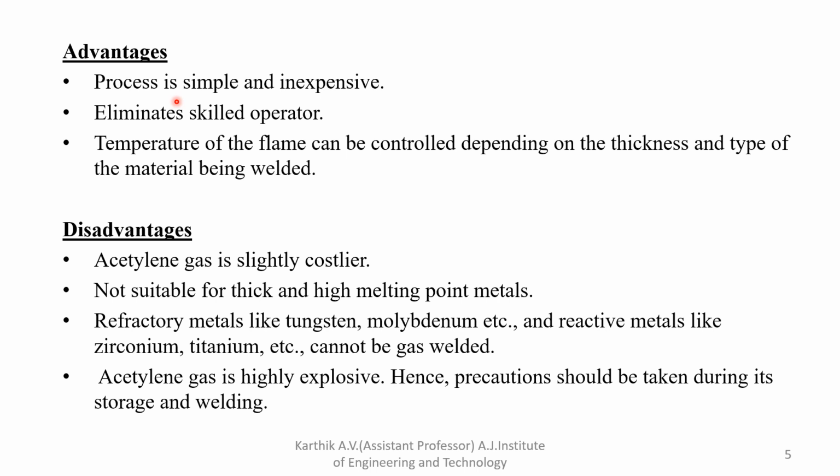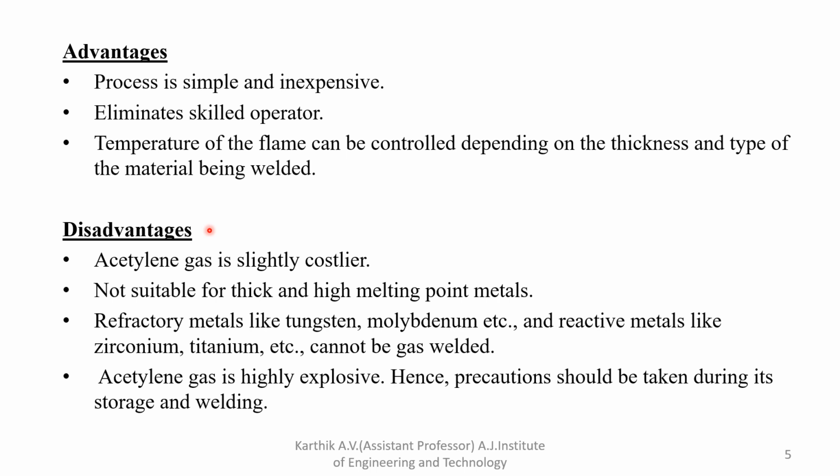Okay, and the next one is disadvantages. What are the disadvantages? Acetylene gas is slightly costlier compared to oxygen. So acetylene gas is slightly costlier. Okay, it is not suitable for thick and high melting point metals. If you weld a high melting point metal, then you have to use the arc welding process only.